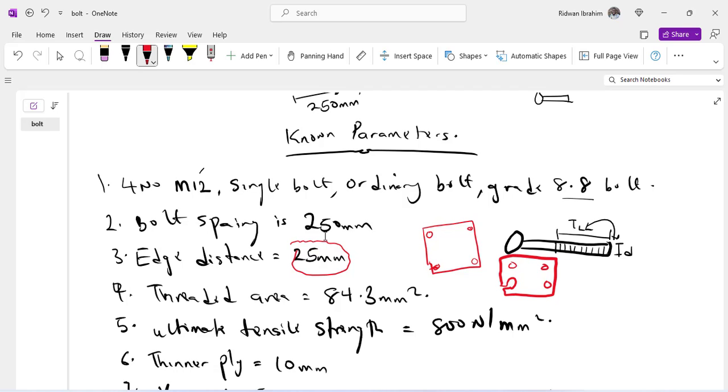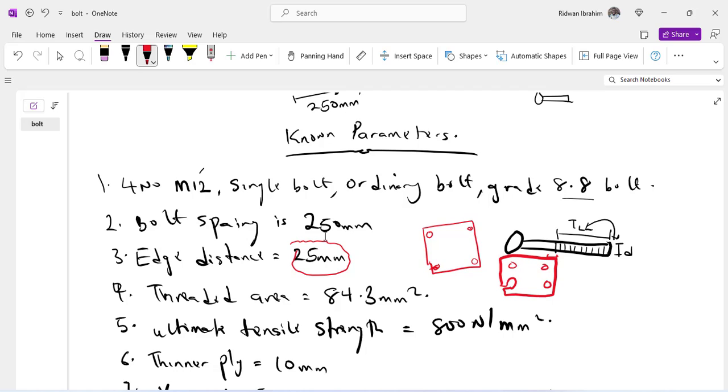The hole here will just cut across the plate easily, simply because the edge distance, which is the distance from the center of this bolt to the end of this plate, is very small. So when you have a small edge distance, bearing is liable to happen very fast. But when you have adequate edge distance, then you can beat that.